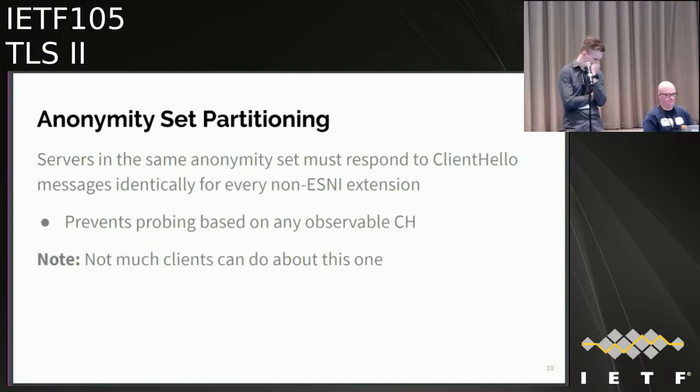Because once we're past the server hello, everything's encrypted. So if you have an extension that's responded to in encrypted extensions, you are allowed to make different choices at that point. It's your cryptographic configuration that needs to be consistent across all of those in the same set. Yeah, I think that's more crisp and correct.